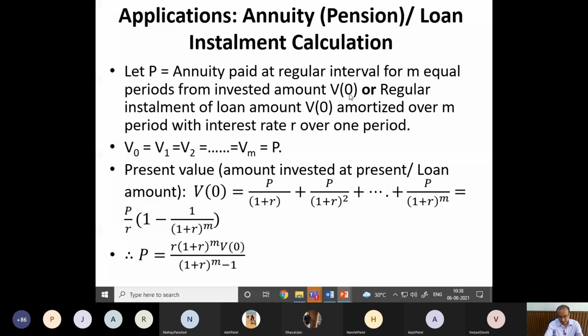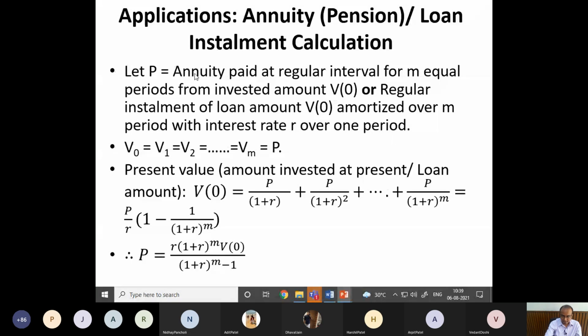Instead of investing, I have borrowed. And this P, instead of the annuity, is the installment that I am paying over M periods. The installment is the same or equal for these M periods, and the interest rate is R over 1 period.